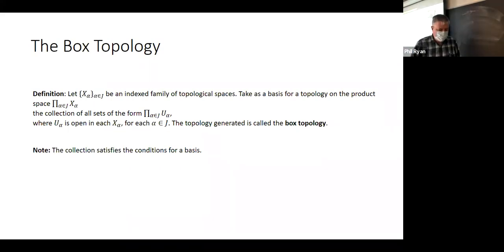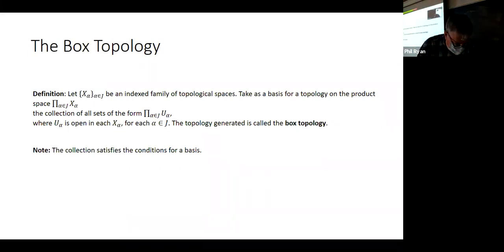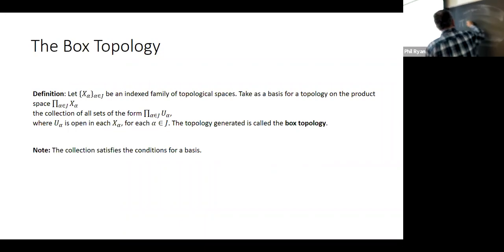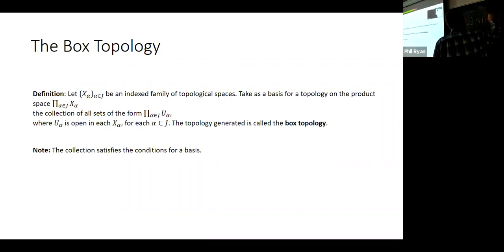And what's the second condition? The second condition is that the intersection of any two basis elements is a basis element. And that's just like the product of U alpha intersected with the product of V alphas, right?